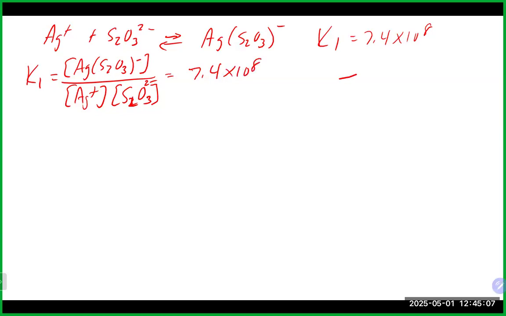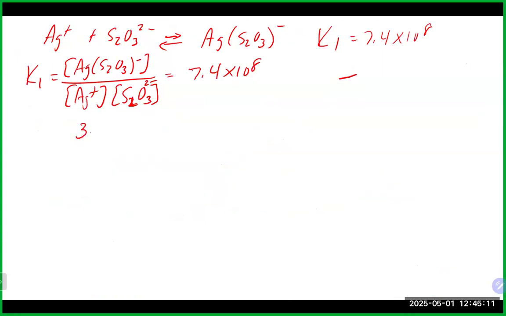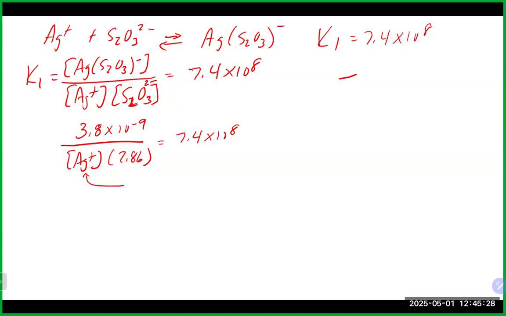So we're going to use our values we just calculated. So 3.8 times 10 to the minus 9 for our top guy. We are looking for the silver's concentration at this point. And once again, we still have 2.86 for our S2O3 2 minus equals 7.4 times 10 to the 8. Once again, these two guys are basically just going to switch places.